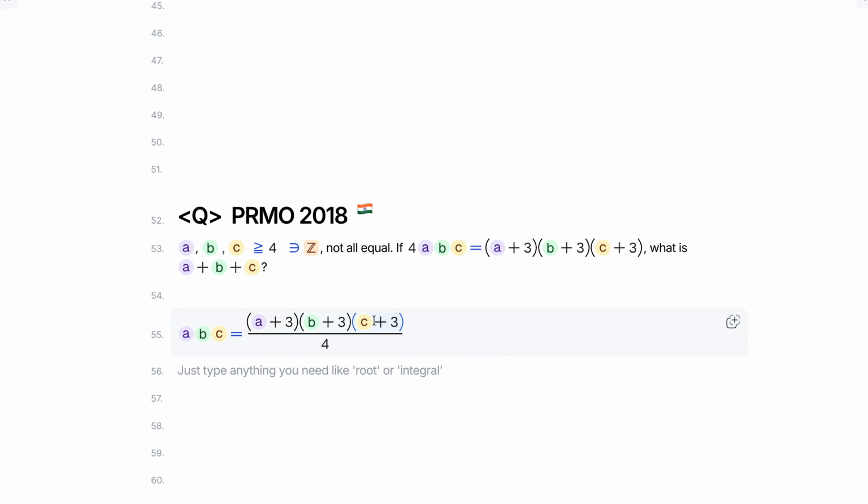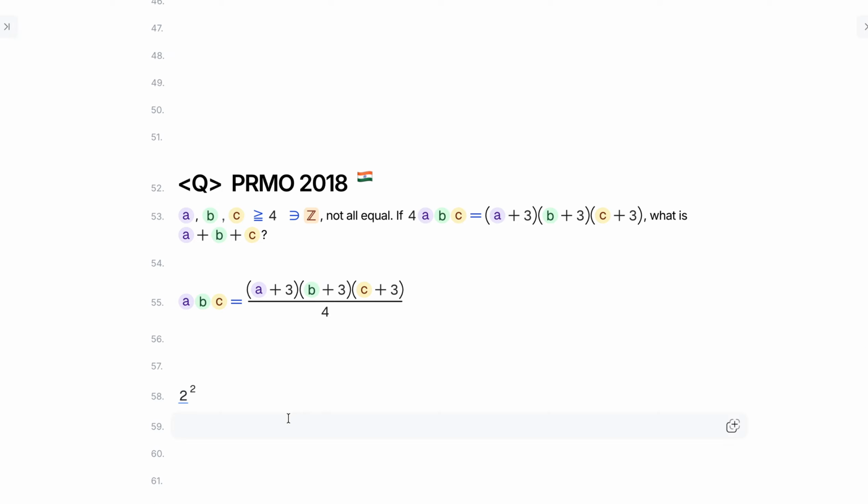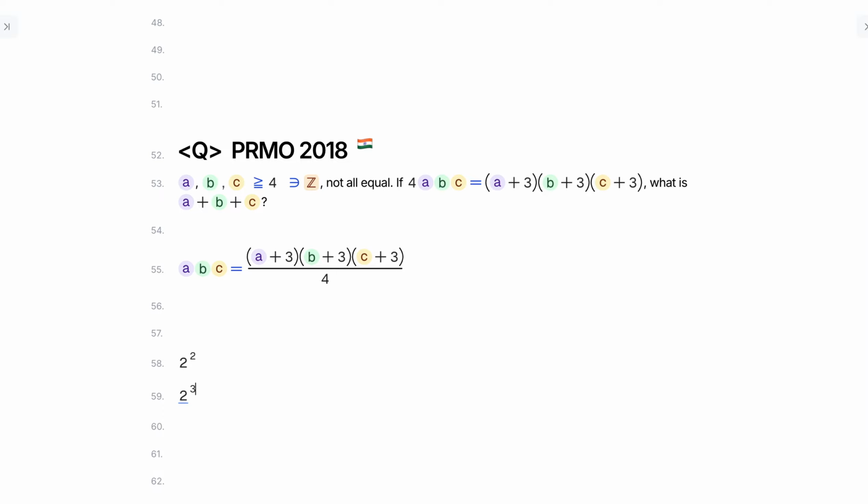Now, that means this numerator has to be carrying, at a minimum, a factor of 2 to the power 2, right? It can also have more, but a minimum of 2 has to be in the exponent of 2.